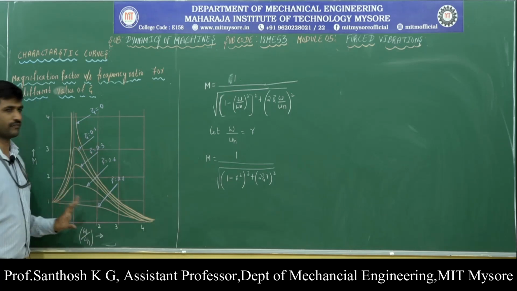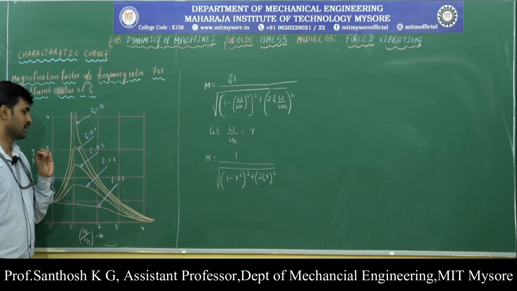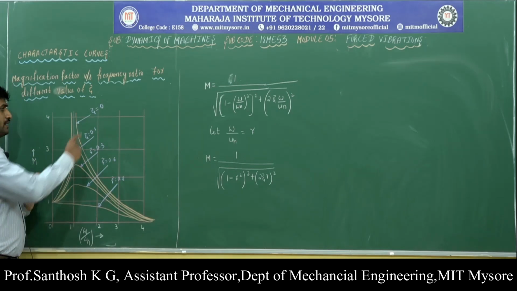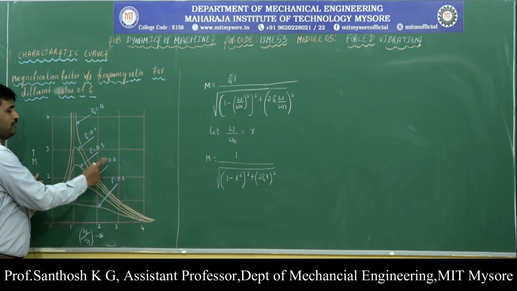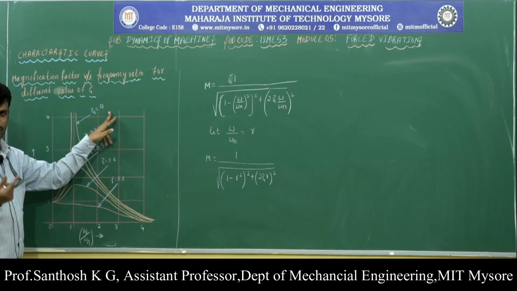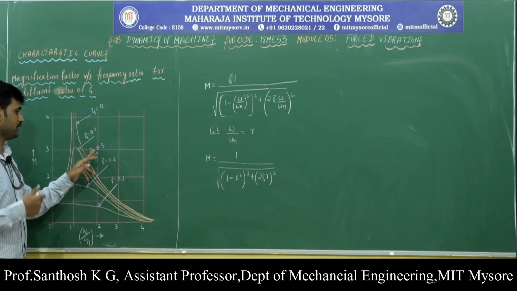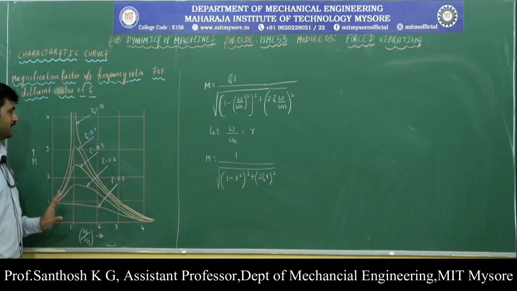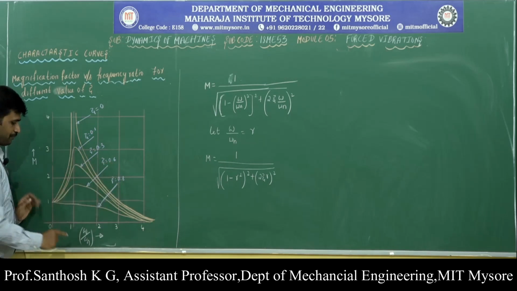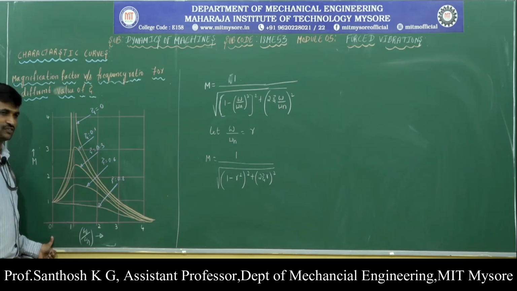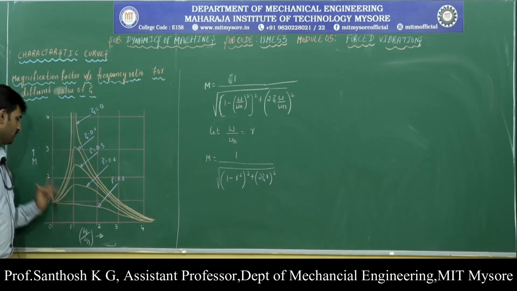From this frequency curve, we can derive certain conclusions. One conclusion is, irrespective of the values of zeta, whether it is 0, 0.1, 0.3, 0.6 or 0.8, for different values of zeta, when omega by omega n happens to be 0, they all have the value of m as 1.